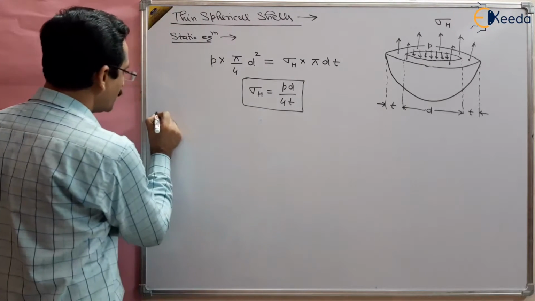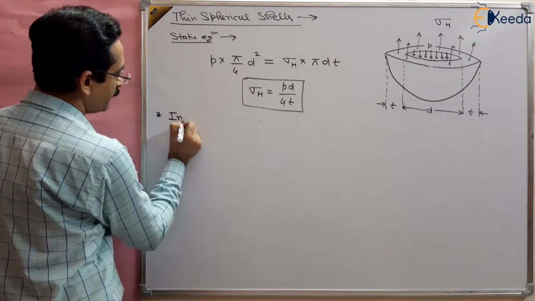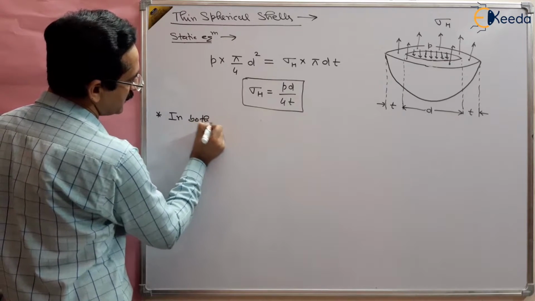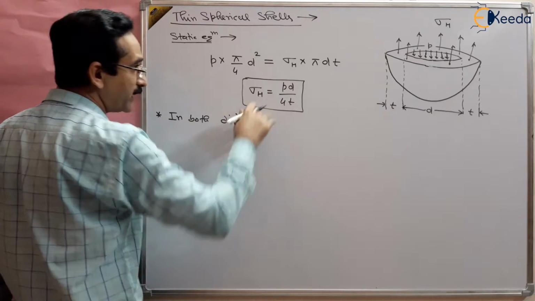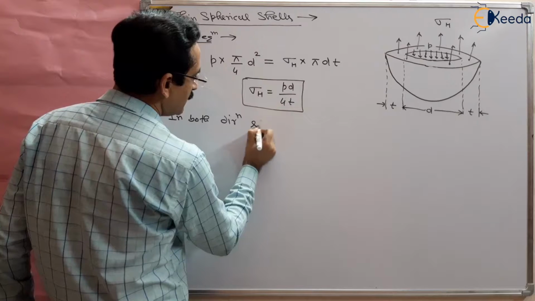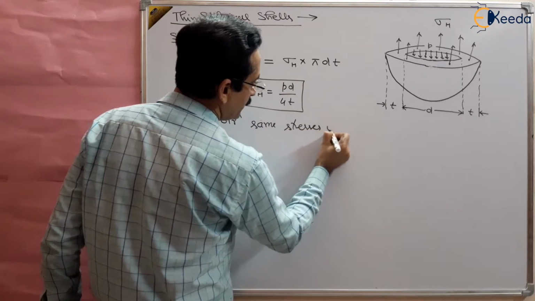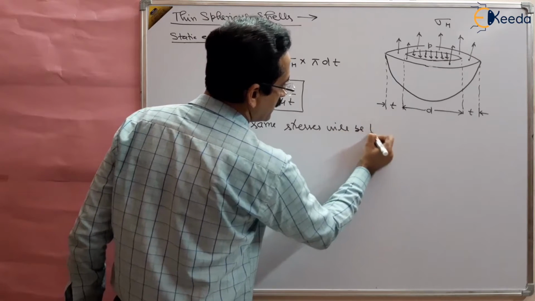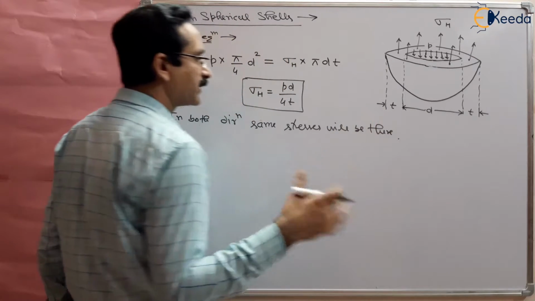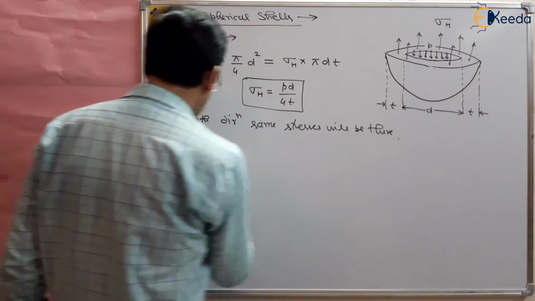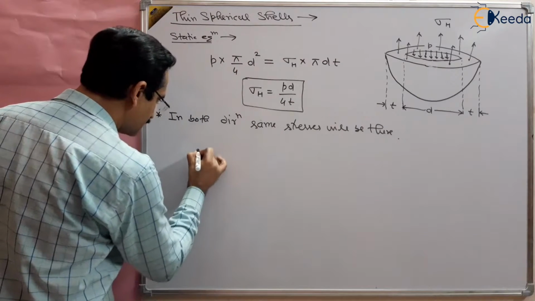So in both directions, on the planar surface, the same stresses will be there, and we are neglecting the radial stresses. So what type of condition will there be? The condition will be like this.